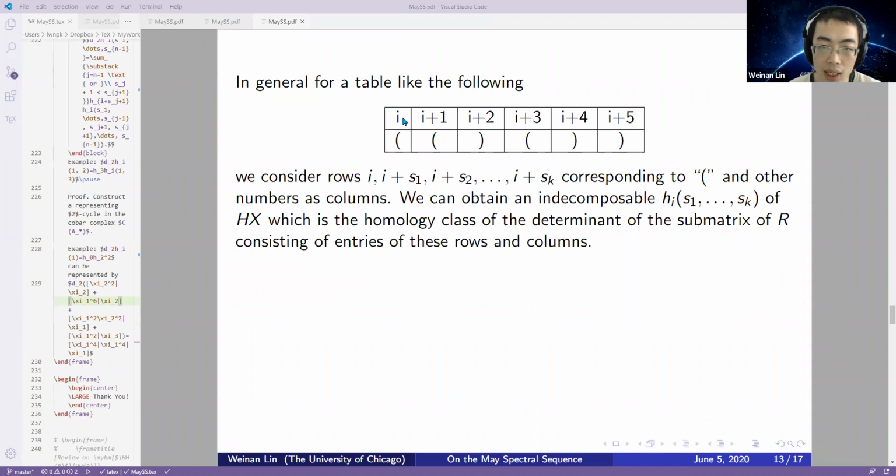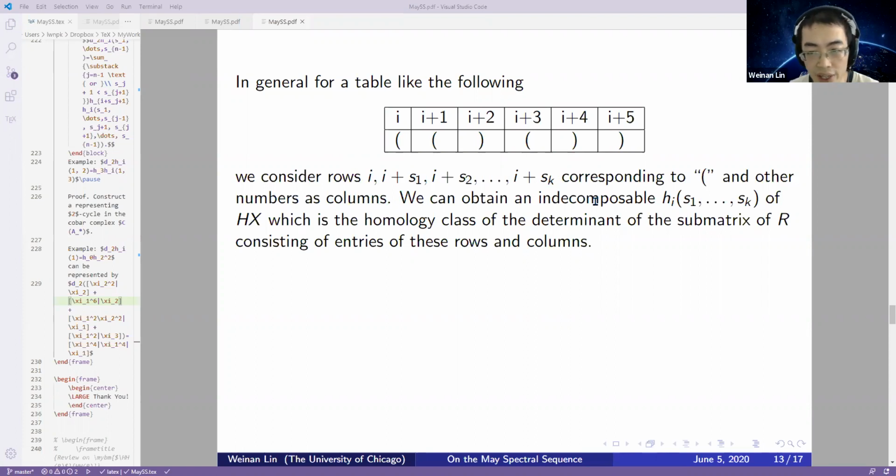And here are our consecutive integers starting from i. Then we consider the rows i plus s1, i plus s2, up to i plus sk corresponding to these left parentheses. For example, this i and i plus 1 and i plus 3, and the rest of the numbers as columns.